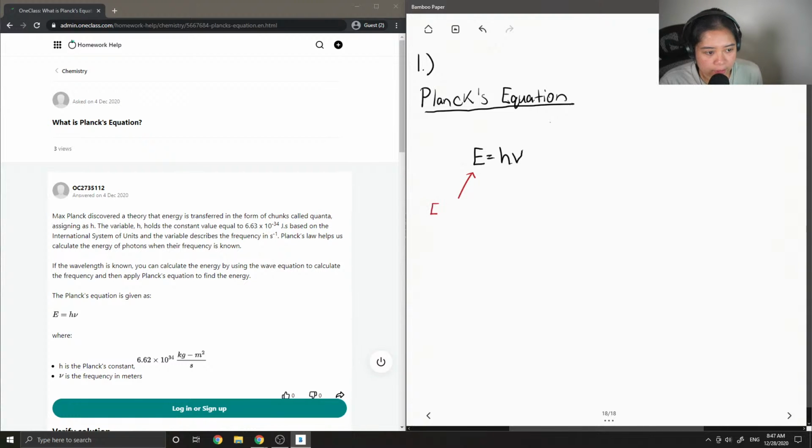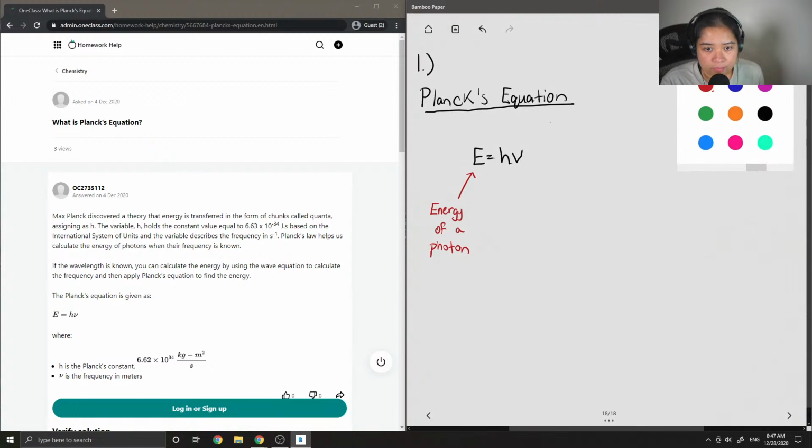E is the energy of a photon, and H is just Planck's constant. I'll write down its value as well.